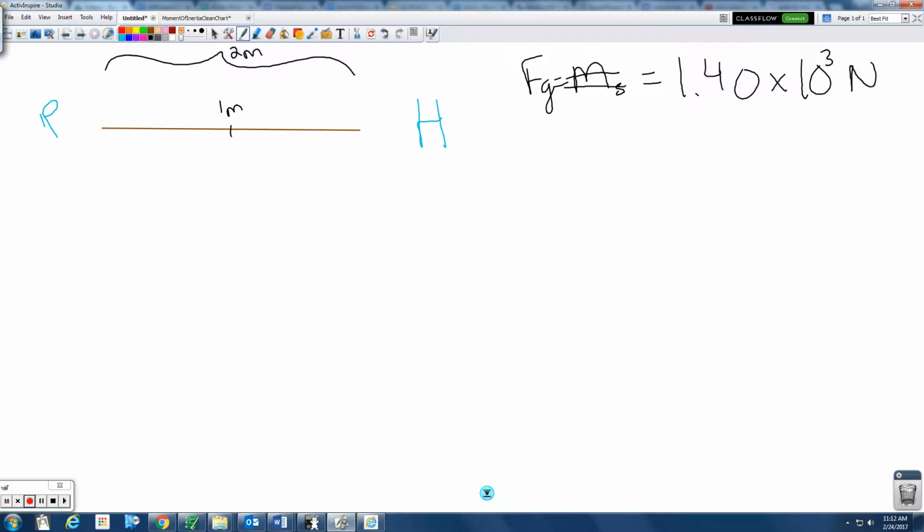And it's 0.5 meters from Paul. So where's Paul? Paul is over here on the left. 0.5 meters is right here. It's in between. It's a quarter of the length of the rod. So let's put in fuchsia, here is my Fg of this sack. I'm not told anything about the weight of the pole, so it must be negligible.